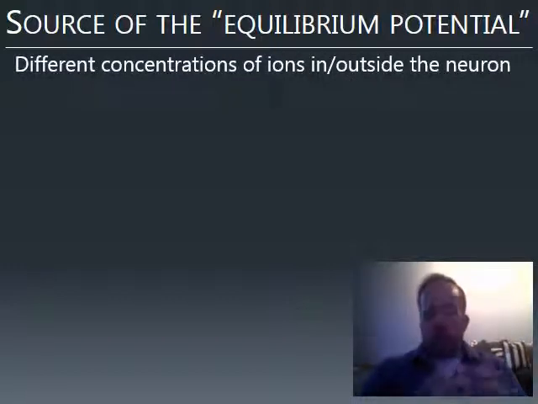So a neuron has different concentrations of various ions inside the neuron and outside the neuron. The neuron is, in its simplest sense, a container. It has a membrane, sort of a wall that separates the space outside the cell from the space inside the cell. Now, they're both mainly water, but the difference is which ions are common where.